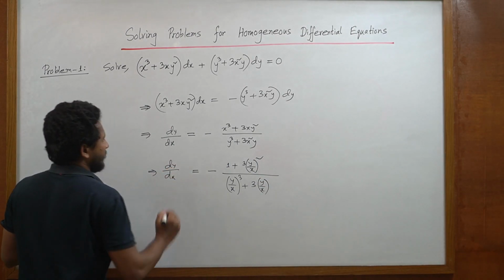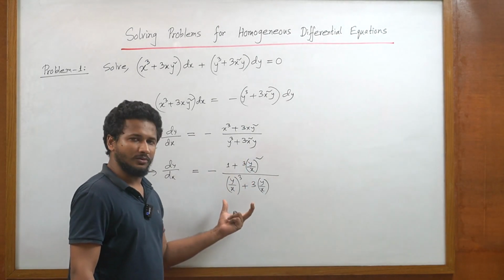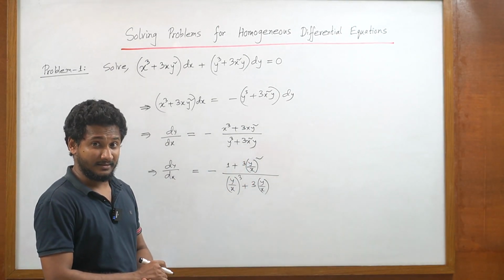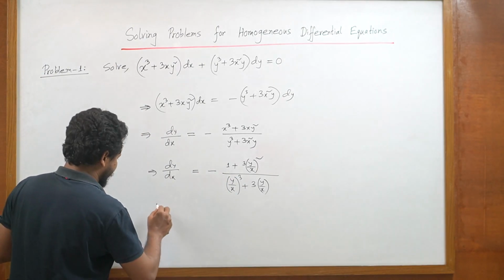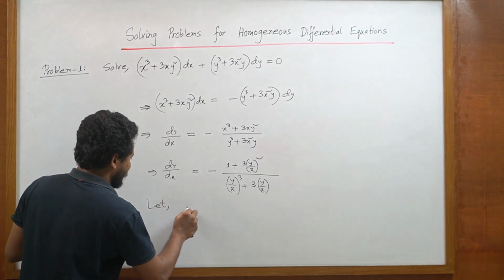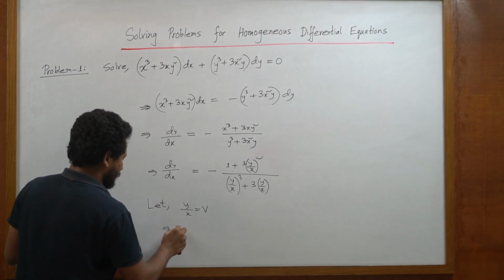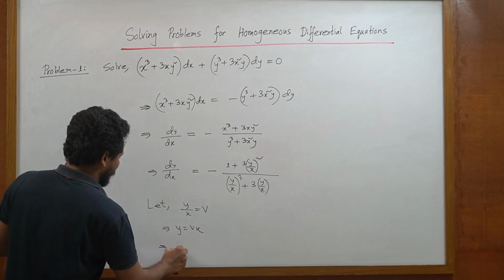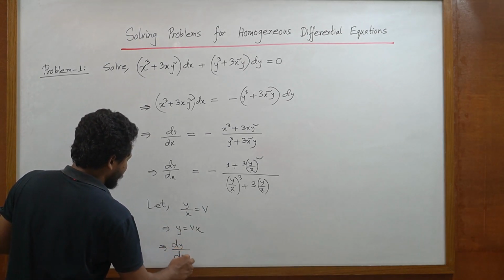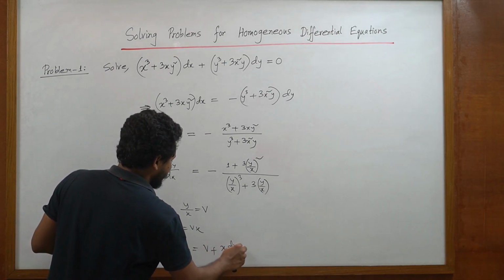So this form is with respect to y/x, a function of y/x. Now let's take y/x = v. So y = vx, dy/dx = v + x dv/dx.